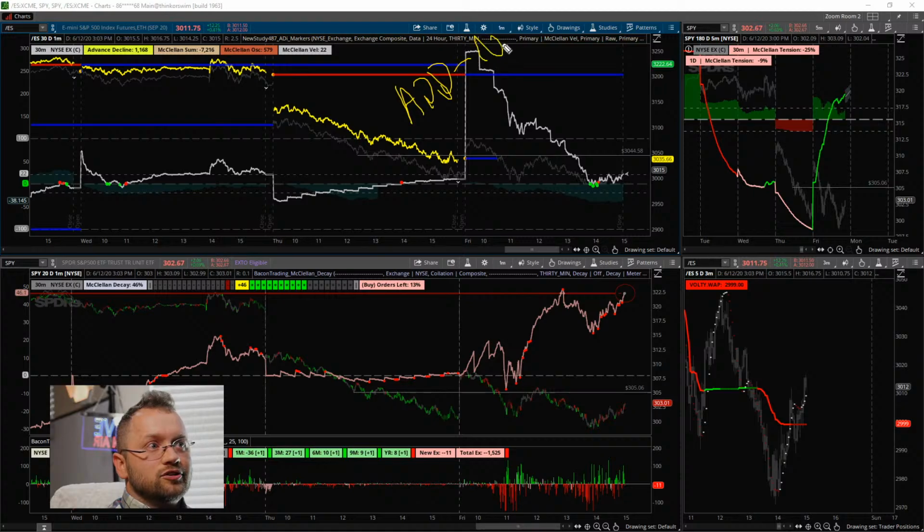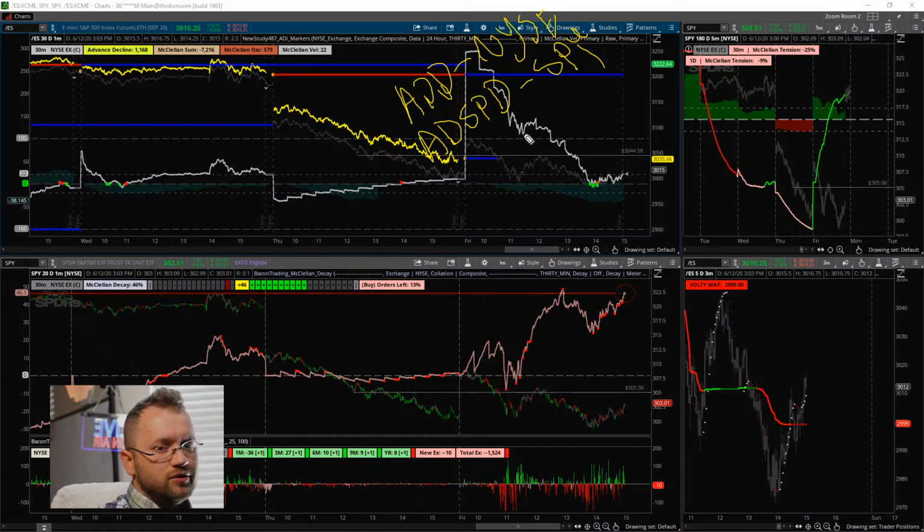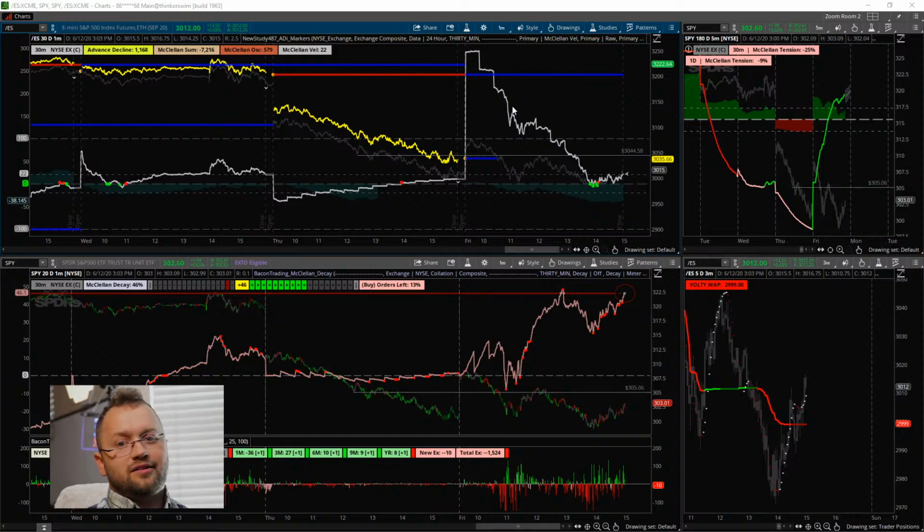You can get them for the S&P, which I think is ADSPD, advanced decline S&P 500 difference, and that's the SPY. It's just 500 stocks. You can do it for the IWM. You can do it for the Dow. There are a lot of them. Well, there's 16 of them that are offered by Thinkorswim.